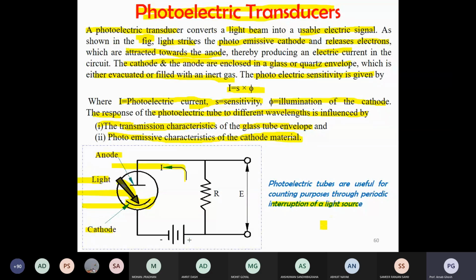Then photoconductive transducers. The principle of this transducer is that light strikes a semiconductor material. The previous one was the photoelectric transducer, where you use a photoemissive cathode, which has effects in the presence of sunlight or any light beam.